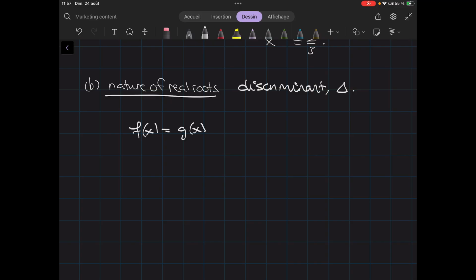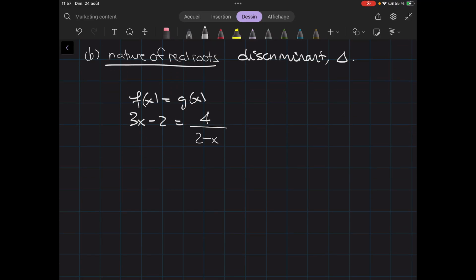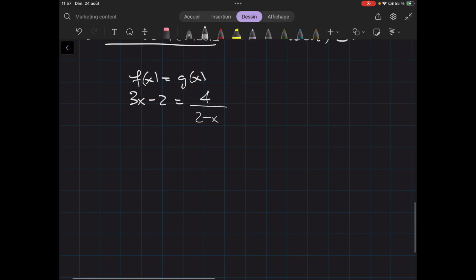This is not a quadratic equation yet, so we have to make it a quadratic equation. To do this, we are going to multiply both sides by 2 minus x. Then change the 4 to the other side.